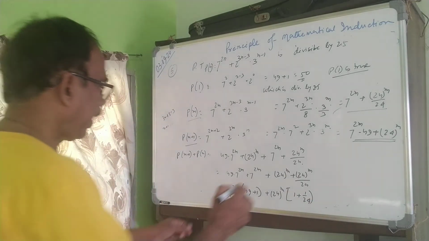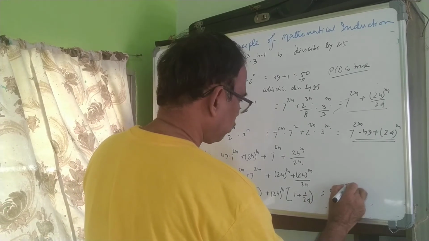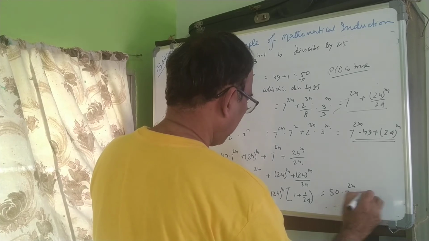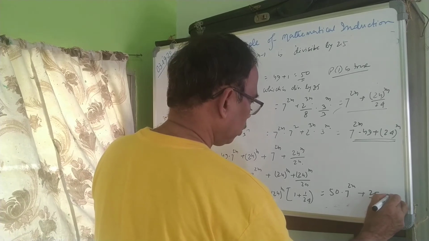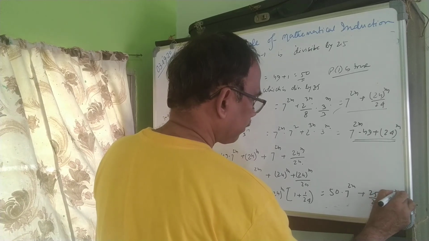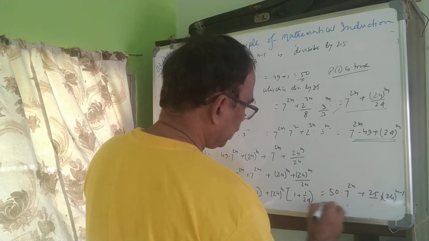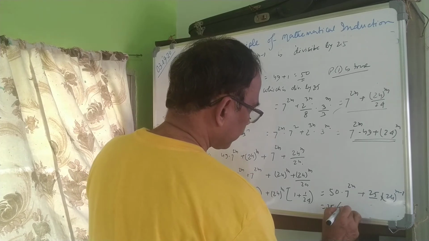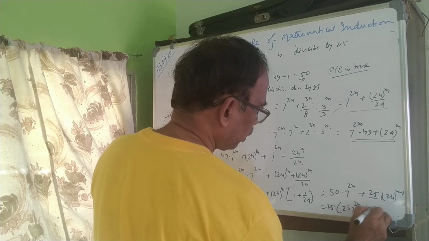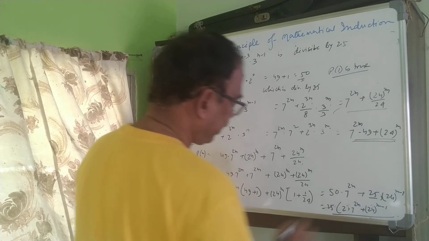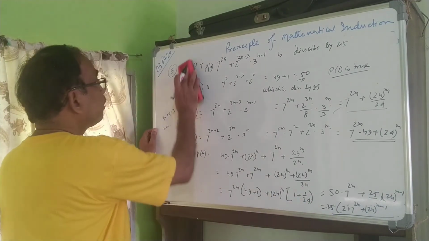That we can write 50 into 7^(2m) plus 25 by 24 into 24^m. We can write a minus 1. From this we can take 25 common: 2 into 7^(2m) plus 24^m minus 1. This statement we got is divisible by 25.